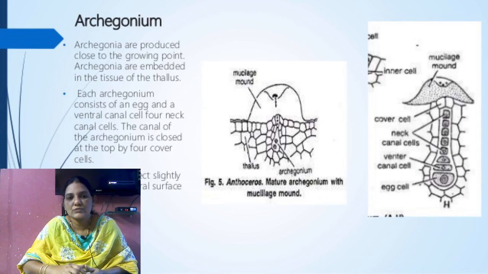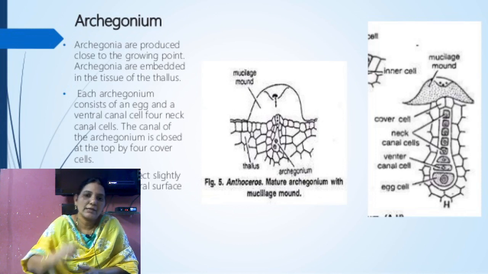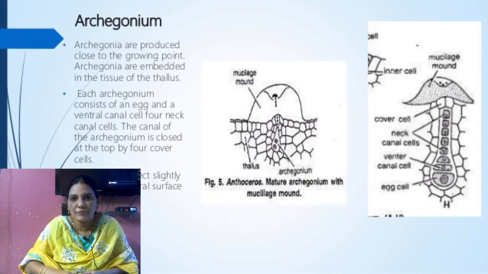produce one sweet chemical, and the androspores swim for some time with the help of flagella, and they are attracted by the sweet chemical, and they come into the archegonium, entering from the neck part.